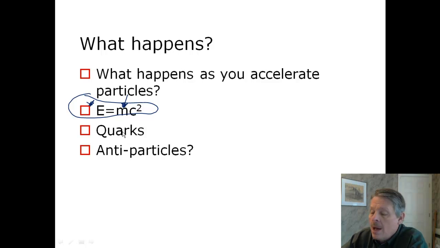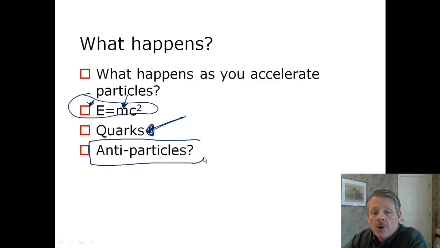But what happens when two particles collide when they're moving this quickly? Well, you get things called quarks, which are way outside the realm of our chemistry class, but that's something you might learn about in college because they are another type of particle that we have not talked about. And we can come up with antiparticles. In other words, if you think of a proton, and you think of an opposite, a negative proton that would annihilate it.